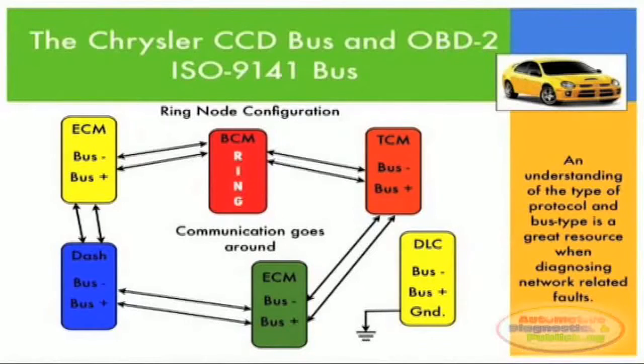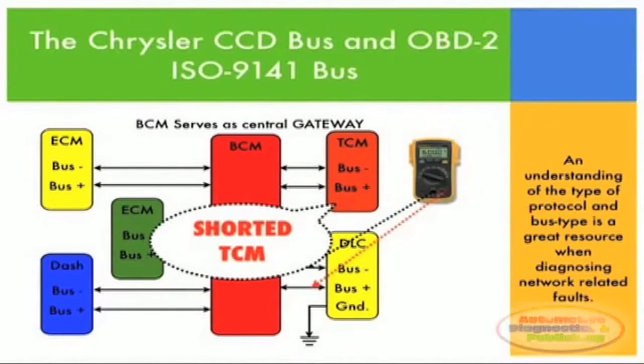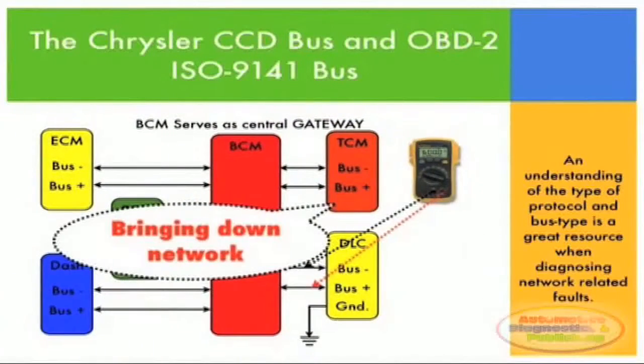But if two nodes go down, then the network is gone. Cadillac and BMW use this type of network. A 2-wire system tends to have a floating ground, which is not the same as chassis ground. A single-wire network uses chassis ground.